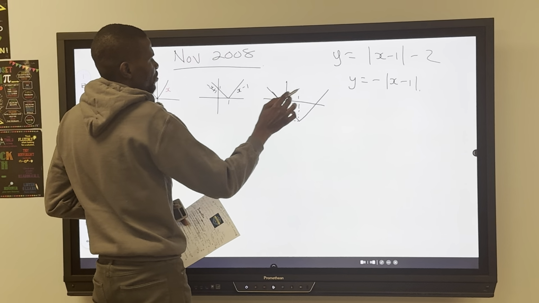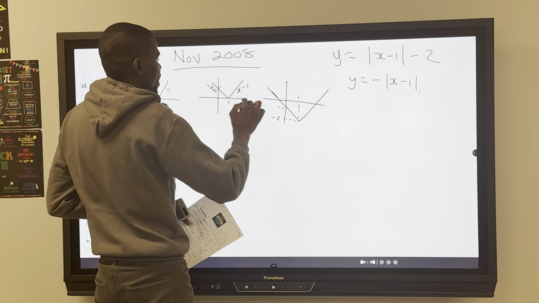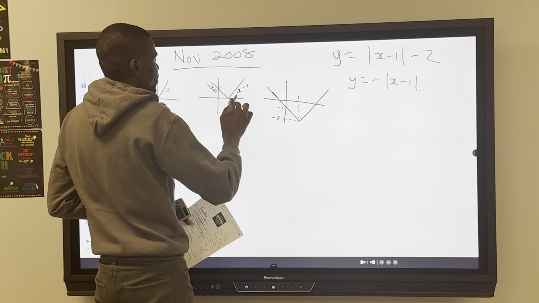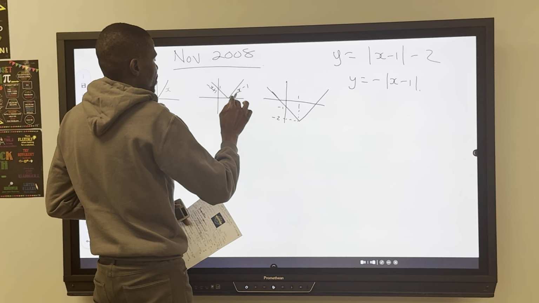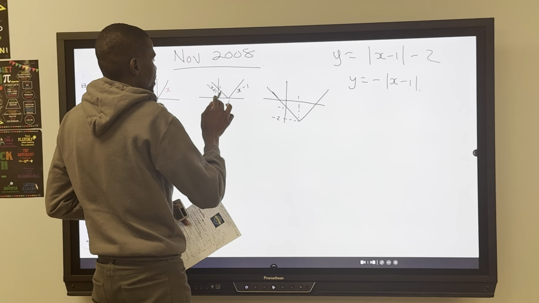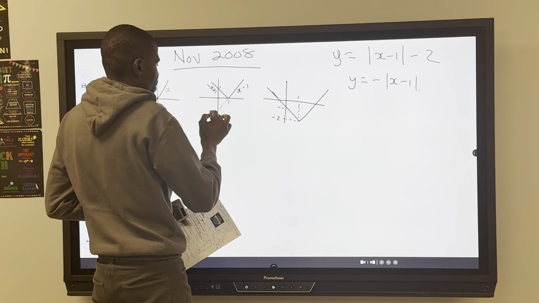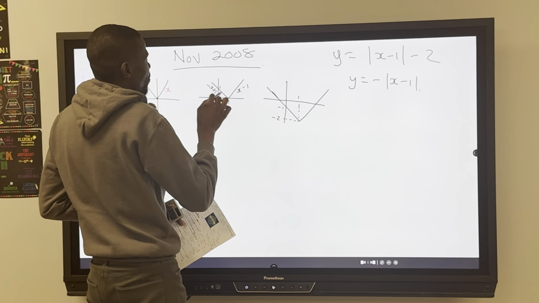Okay, so this equation now, it's now x minus 1, right? So when x is 0, since it's absolute value, this one passes through negative 1, okay?